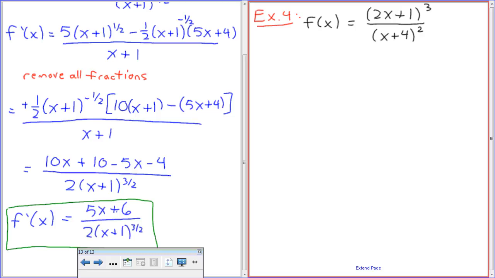Here we go. Example 4? I'll do one with no fractions. How's that? All right, so do your best. This is going to be a challenge. You guys can do it. This one's a test level question. Have confidence in yourselves. You can do it.